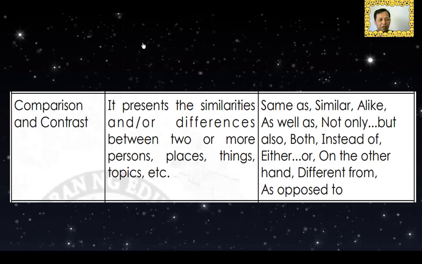It presents similarity or the common thing between two objects, and the difference, or contrast between two or more persons, places, things, and topics, etc. Now we have the keywords: same as, similar, alike, as well as, not only, but also, instead of, either or. On the other hand, different from, as opposed to.